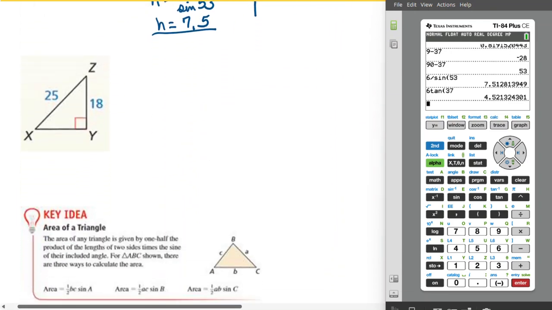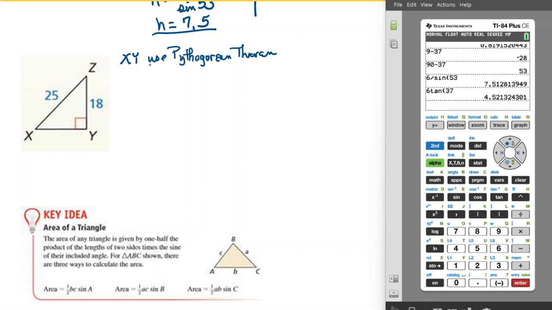I have one more with two sides given. So this one we are going to use to get xy. We're going to use Pythagorean theorem. So I have a hypotenuse. So I'm going to have 18 squared plus xy, that's the line segment squared, equals 25 squared.